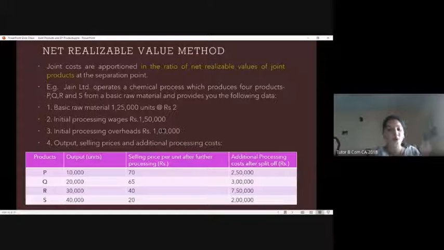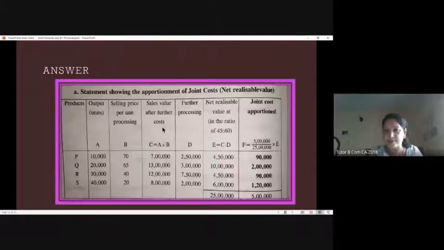Right? So what we do, we put 5 lakh as a numerator and the total of the net realizable value as the denominator. That's what we did here. We put the total cost, which needs to be apportioned in the numerator, and the net realizable value in the denominator, which is multiplied with the concern, that is the actual realizable value. Say for example, in the first case, it would be 5 lakh divided by 25 lakh into 4,50,000 for us to find out the proportionate contribution.